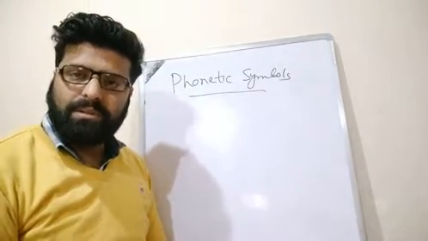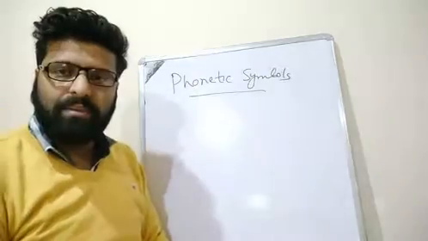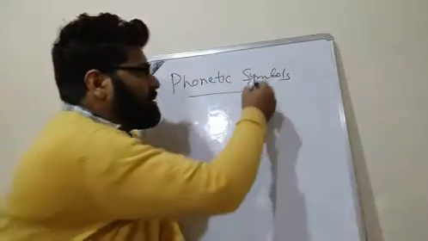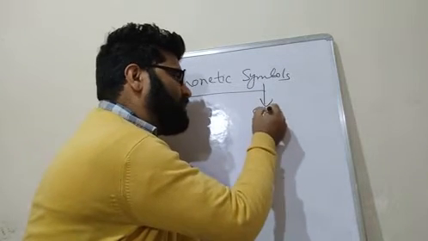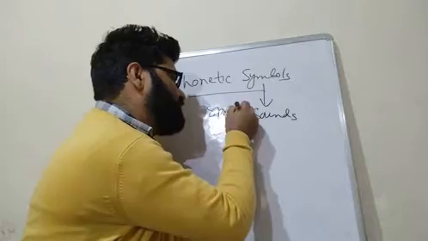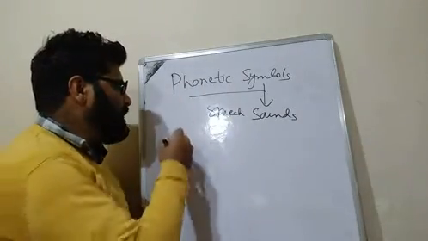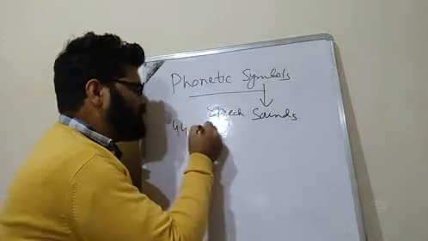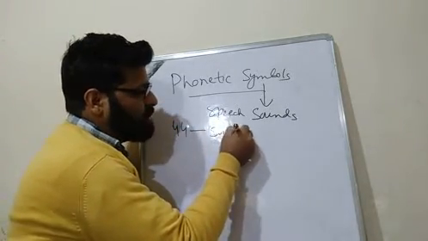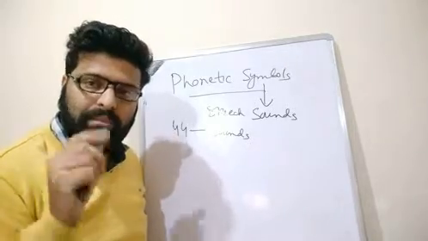Dear students, today's topic is phonetic symbols. Symbols actually stand for speech sounds. Dear students, in English language we have 44 speech sounds. And for each sound we have a symbol.